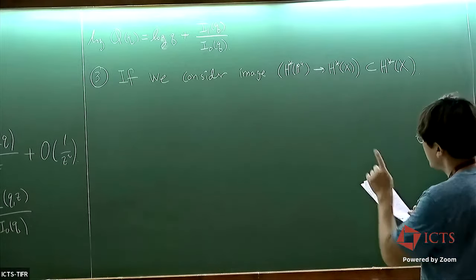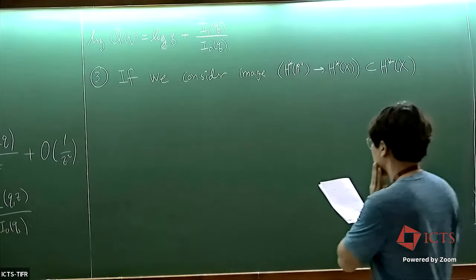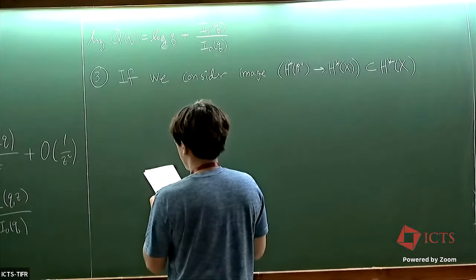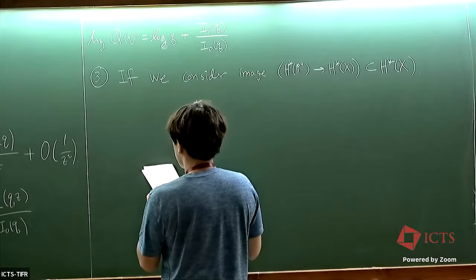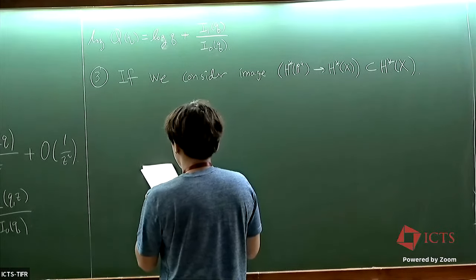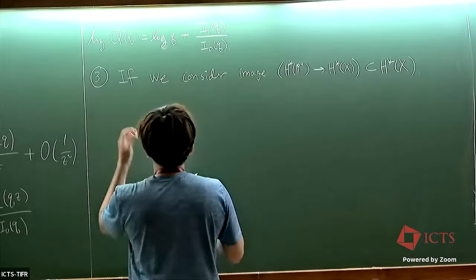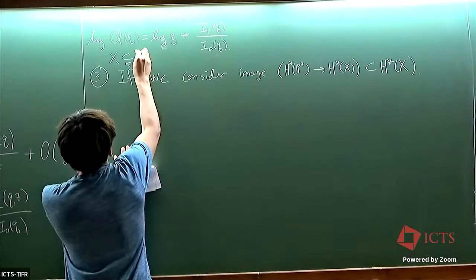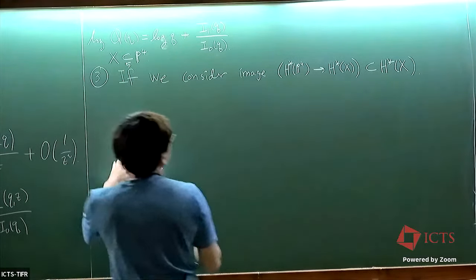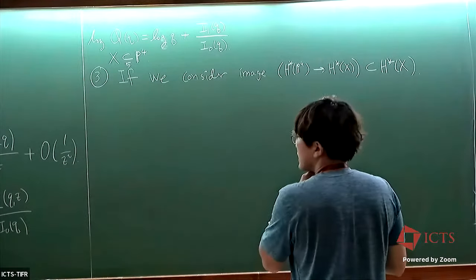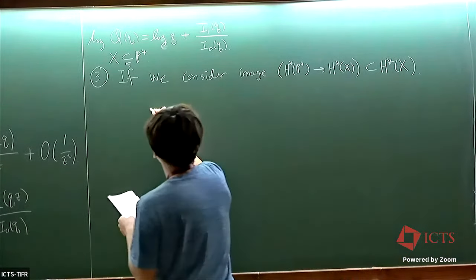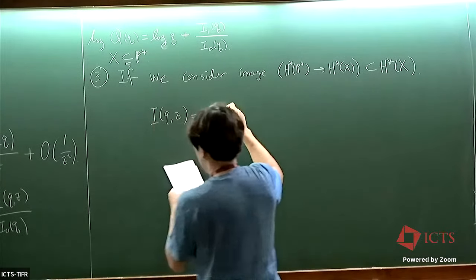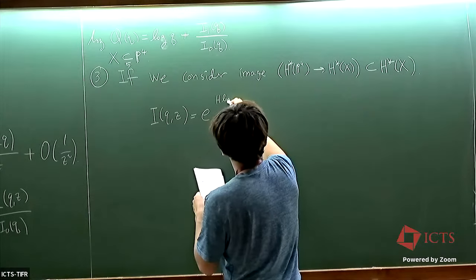If we consider only the image of the cohomology of P4, then, sorry, I should have said from this point, let's say X is the quintic. In this case, we can compute in an explicit way. So it's not so difficult. I can tell the result in one word.